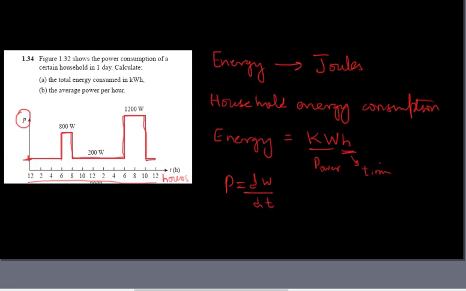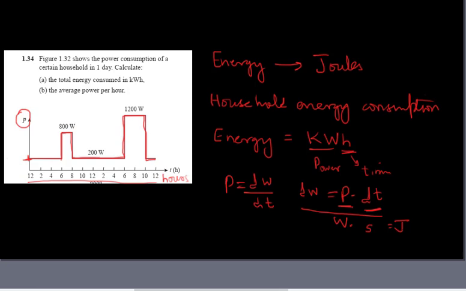You can easily see from here that dW is P times dt, or power times the time. But in this formula, we assume that every quantity has SI units, so power is in watts and dt is in seconds, and watt seconds becomes joules.